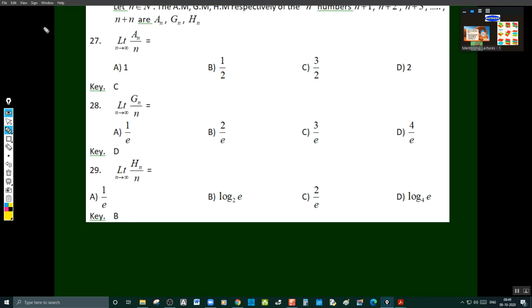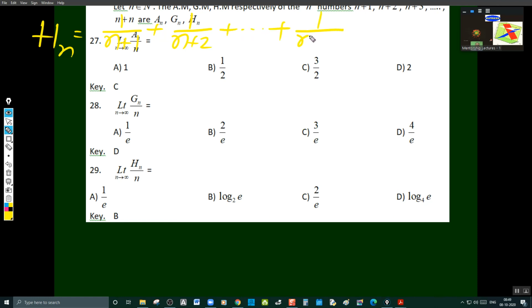So your hn is reciprocals 1 upon n plus 1 plus 1 upon n plus 2 plus and so on plus 1 upon n plus n whole divided by how many terms are there?